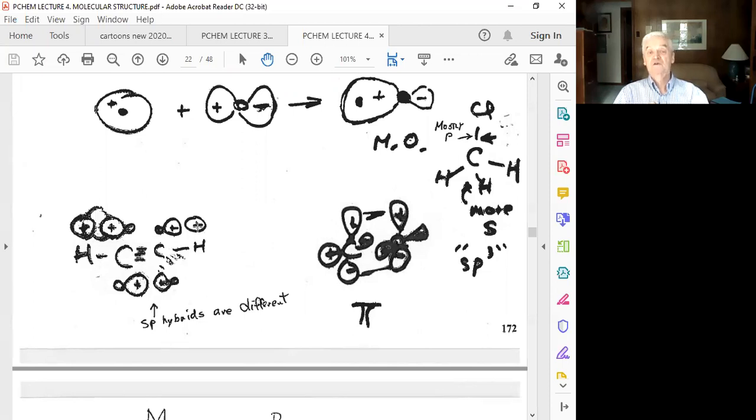The one pointing towards the right wants to bond to a hydrogen s orbital, and so this will have a lot more s character than the other bond. The carbon-to-carbon bond, carbon is perfectly happy to mostly use p orbitals. So even though this gives you the right geometry, it's really not a correct representation to say that you have sp hybrids. And just as a reminder, in acetylene, you also had two sets of pi orbitals like this.